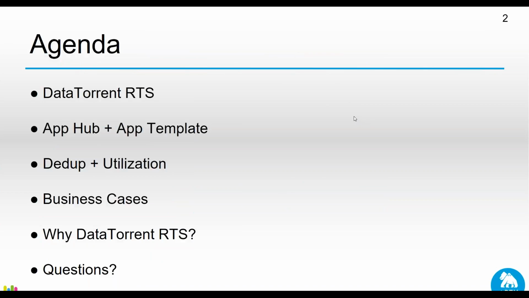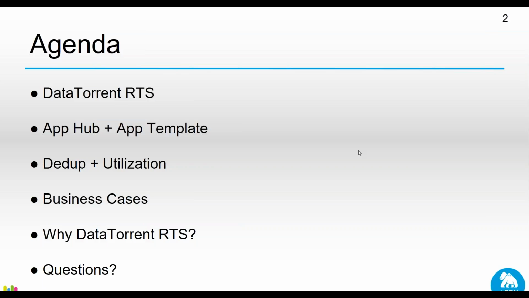So the agenda of today's session: we'll look at an overview of the enterprise offering of DataTorrent, which is the RTS or the real-time streaming solution, which is powered by Apache Apex. We look at the application hub and the app templates.